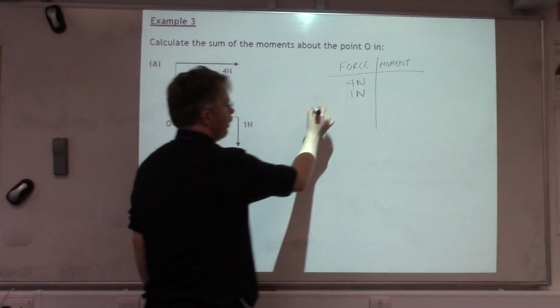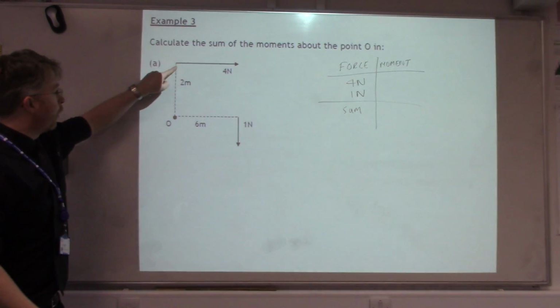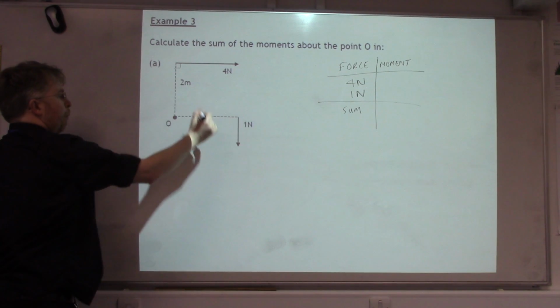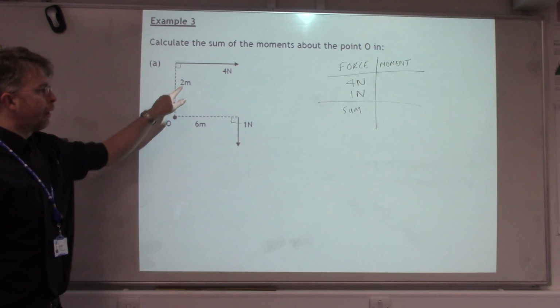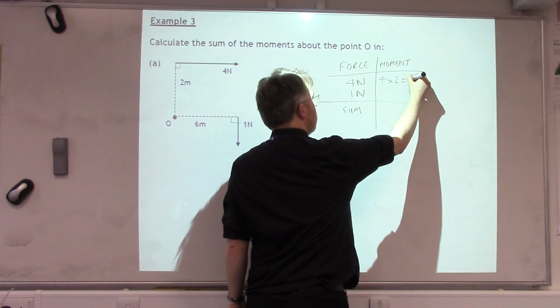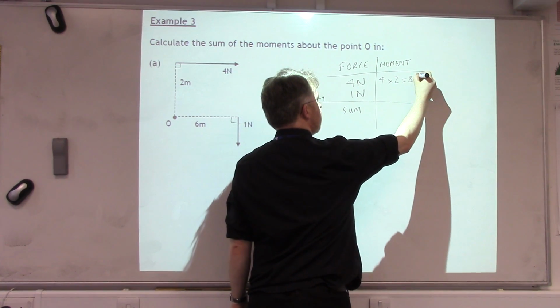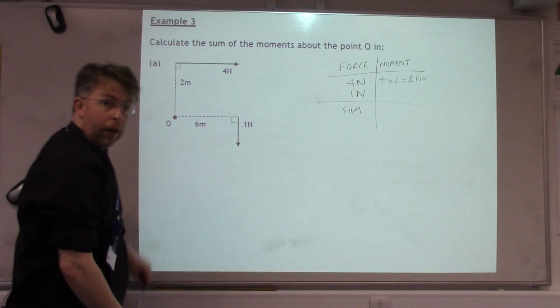And then we can do the sum. So the 4 newton force, both these distances are perpendicular. So 4 times 2 equals 8 Newton metres. And it spins in a clockwise direction.